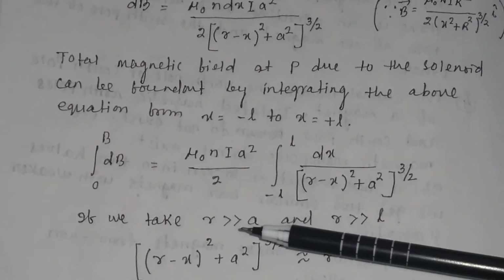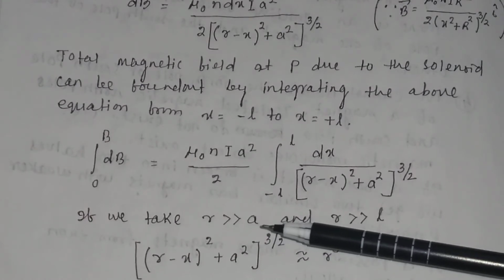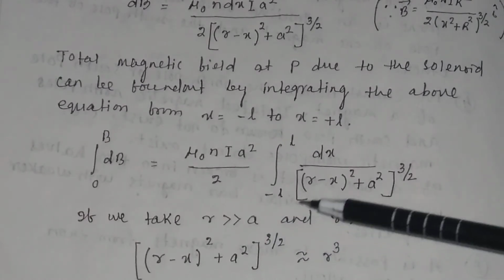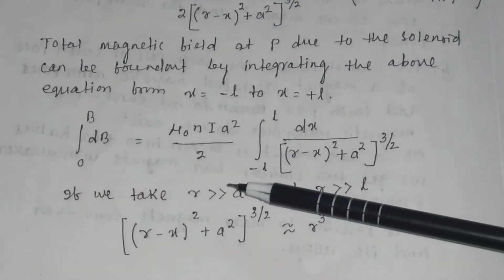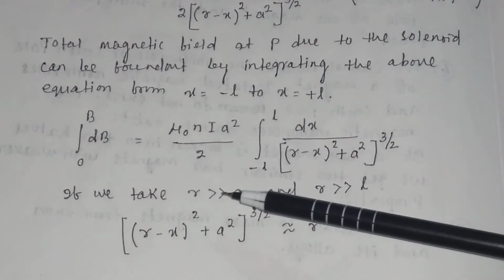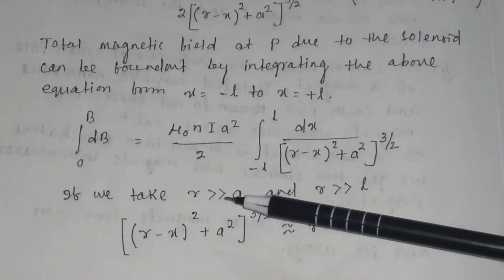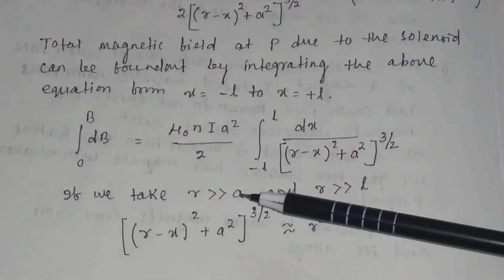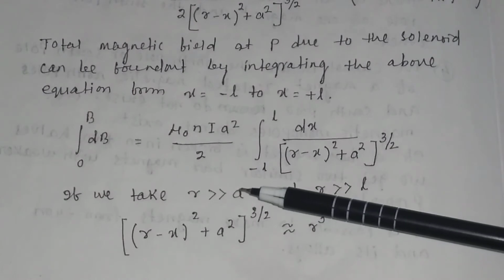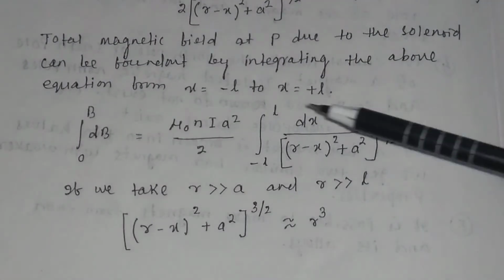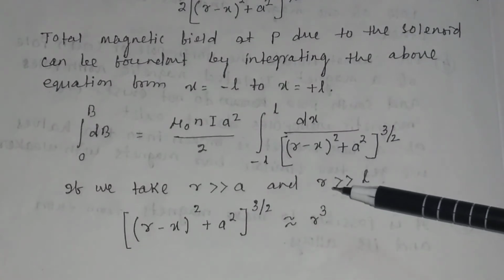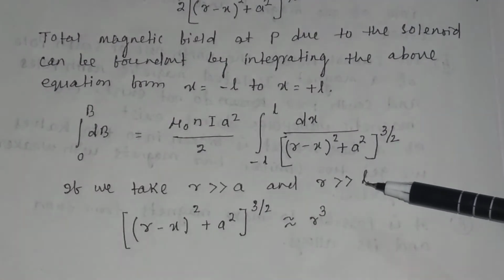If we take r is very greater than a, the distance from the point P from the center of the solenoid r is very large or greater than the radius of the cylindrical solenoid, and r is also very greater than L.